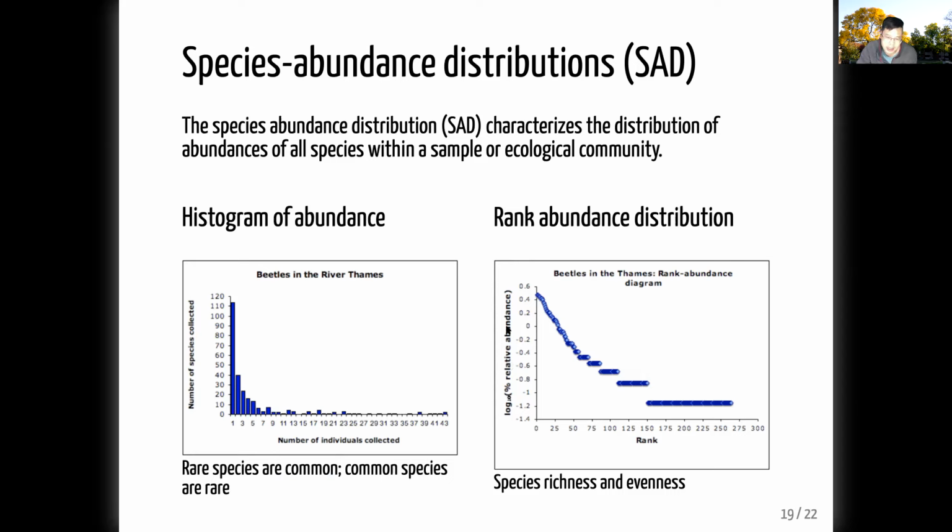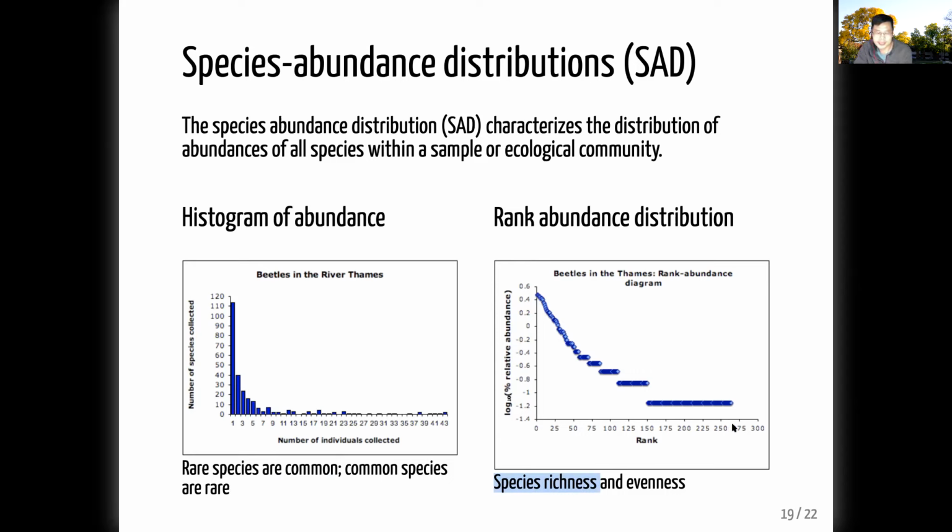It can be scaled to be relative abundance. So this rank abundance distribution can tell us species richness, that is how many ranks there are. So for example, if this is 270, then we know this community has 270 species.